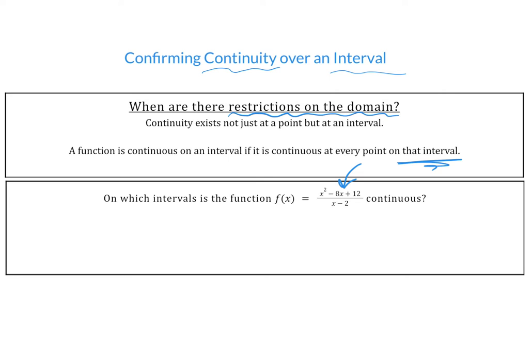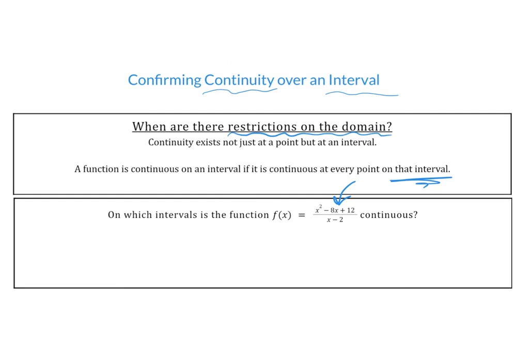So what I'm going to do is factor. x squared minus 8x plus 12 is going to factor to x minus 6 times x minus 2, and that is over x minus 2.